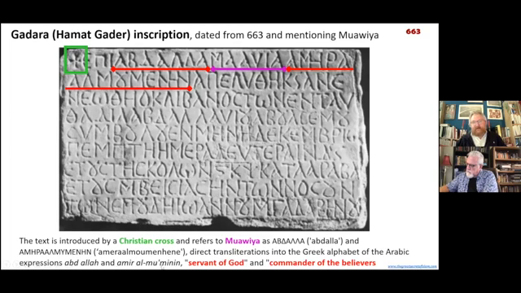So Amir al-Muminin means he is both servant of God and commander of the believers. The Muminin can be translated as the believers, or also as the faithful, the ones who have given faith to something.